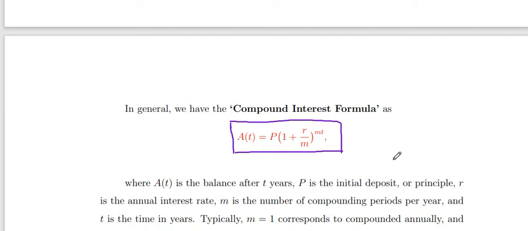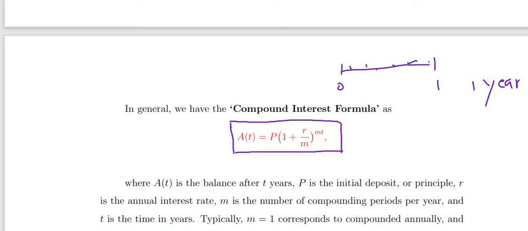So what is m? We take just 1 year. Now, in 1 year, how many times do you cut? We can cut 12 times, right? If we cut 1 year into 12 times, we call this compounded monthly. So here m is 12.